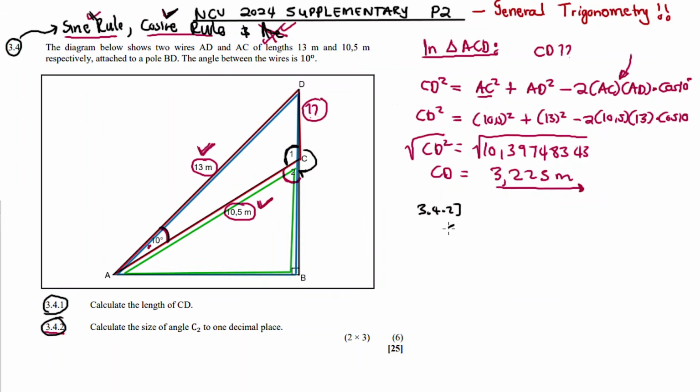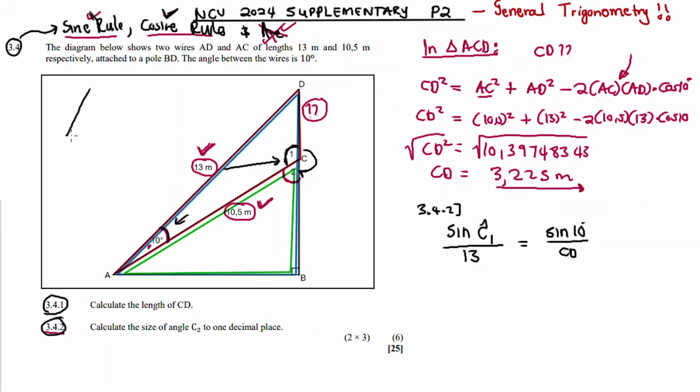So the sine of angle C1 over 13 is equal to the sine of this angle, sine 10 degrees over CD. Here's CD, right?